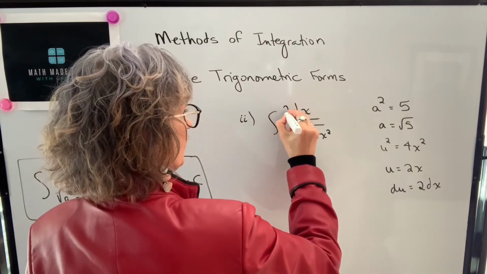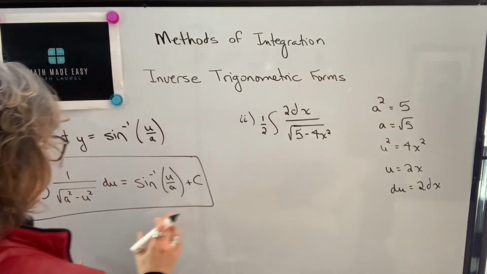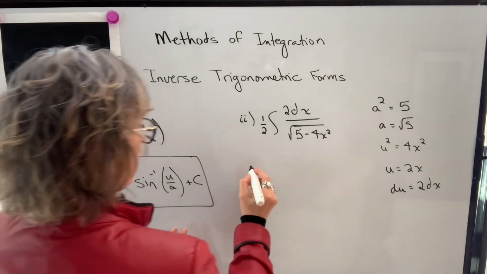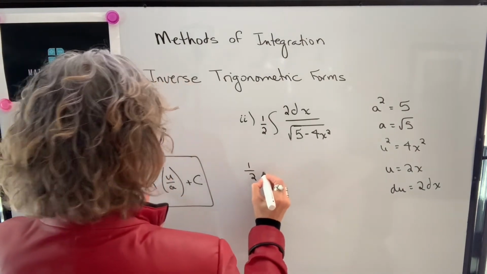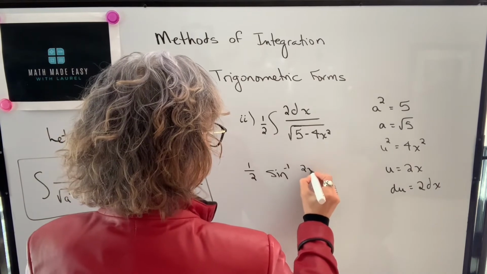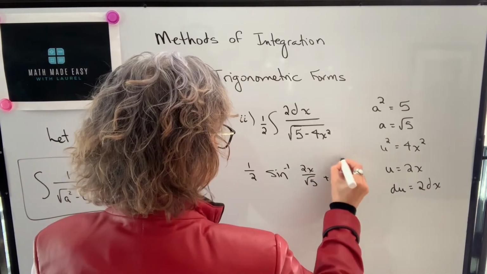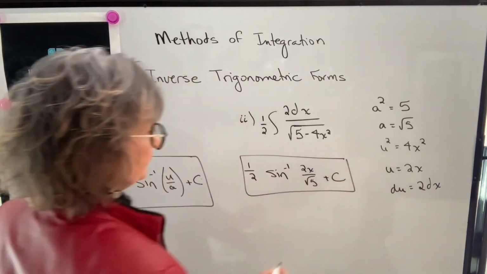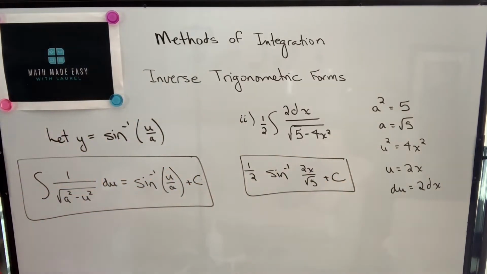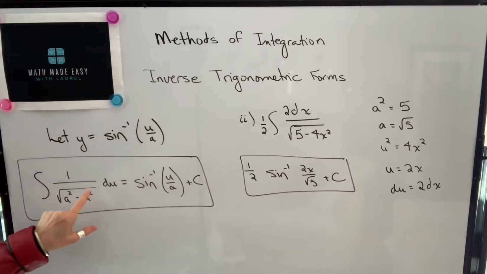If we multiply by 2, we also have to divide by 2. Now it fits this pattern. So we can integrate. It will be 1/2 inverse sine of u, which is 2x, over a, which is square root of 5. And we're done.